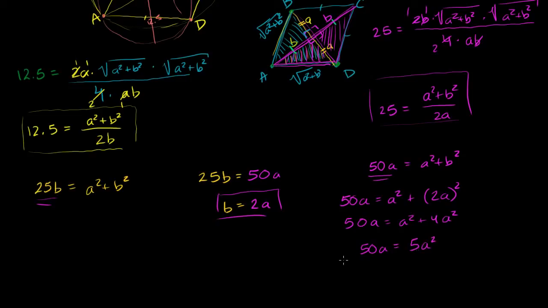We could divide both sides by 5a. If we divide this side by 5a, we get 10. And if we divide this side by 5a, we get a. So a is equal to 10. And then we could just substitute back here to figure out b. 2 times a is equal to b. b is equal to 2 times 10, which is equal to 20.